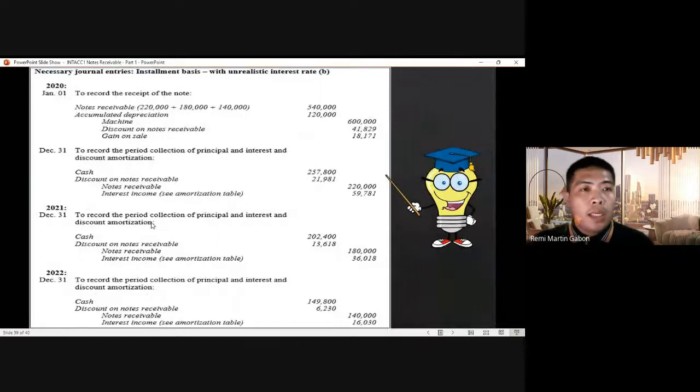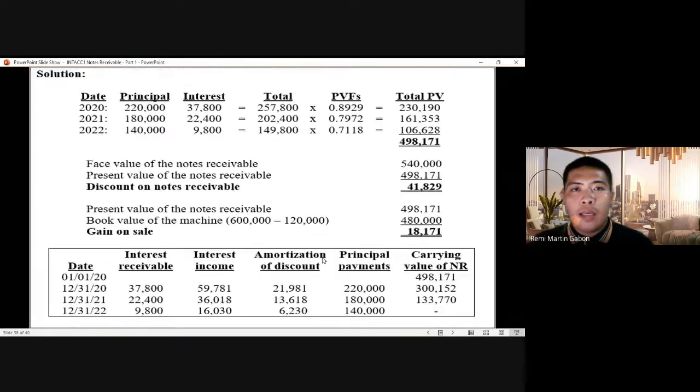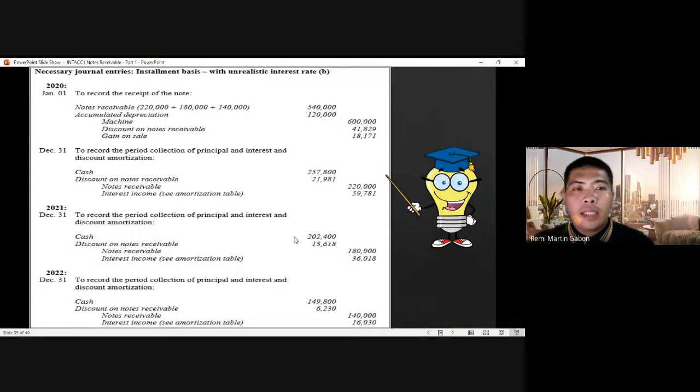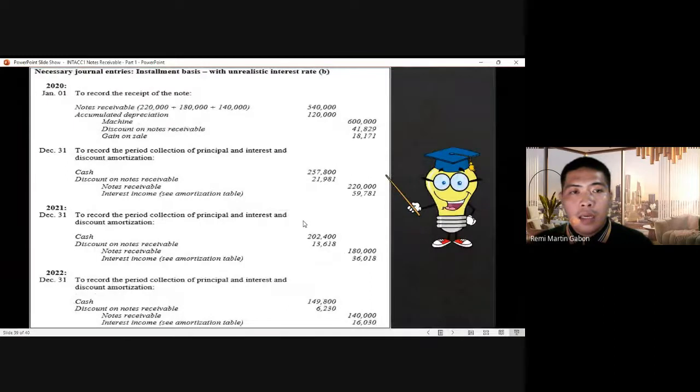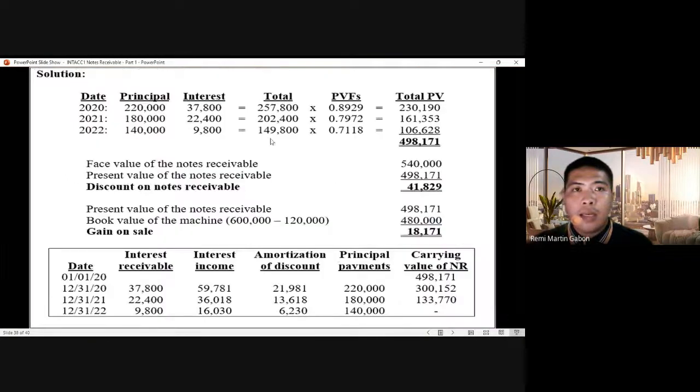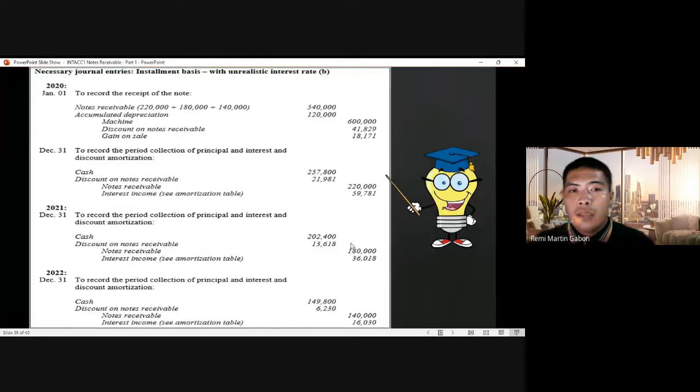Then in 2021, debit cash, 202,400. Debit discount on notes receivable, 13,618. And credit notes receivable, 180,000, based on the unequal payments. Then credit interest income of 36,018.